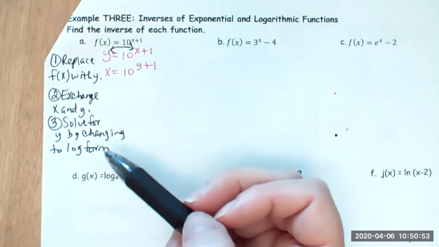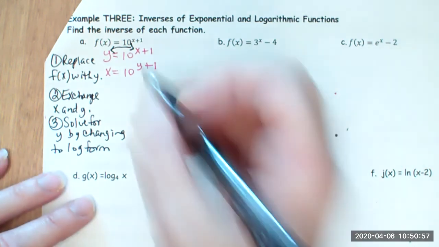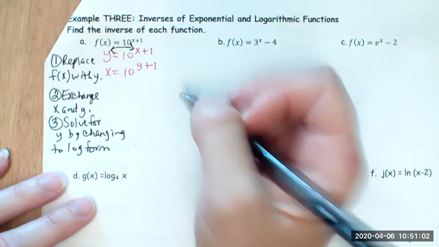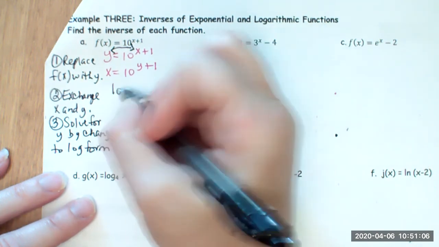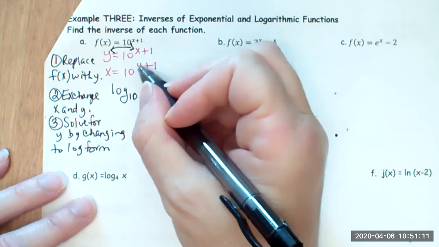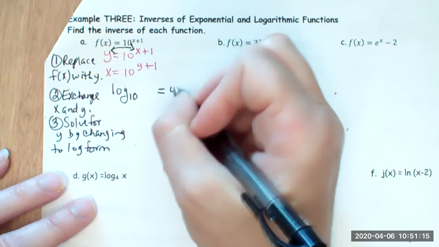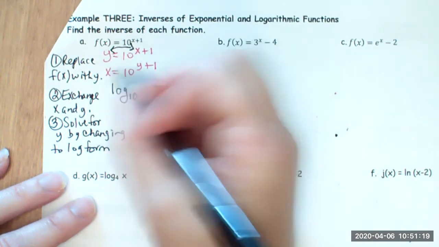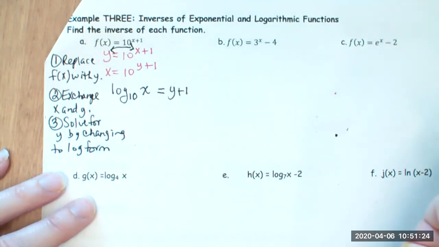Okay, so we already exchanged x and y, so now we're going to change to logarithmic form. Here we see the base is 10, so we're going to say log base 10. And we know that the log is going to equal the exponent. So we'll put that on the other side of the equation, y plus 1. And the value that the power was equal to, the x, is going to go here. So we'll have log base 10 of x is equal to y plus 1.